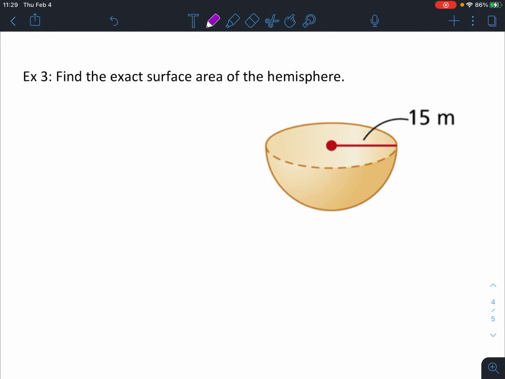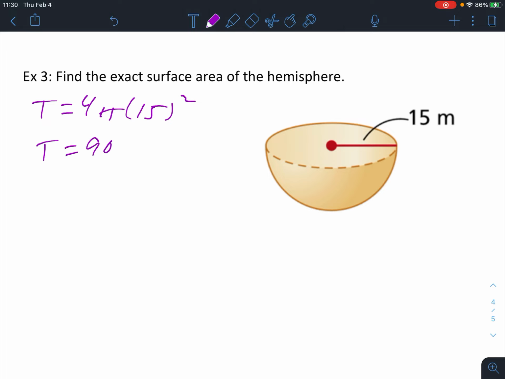Here we have a hemisphere, okay? So there's a difference between an open hemisphere and a closed hemisphere. This one says find the exact surface area of a hemisphere. And you can look at the picture here, and it looks to be closed. What does that mean? It means there's a top to it. So if this was a full sphere, we'd be doing 4 pi r squared.